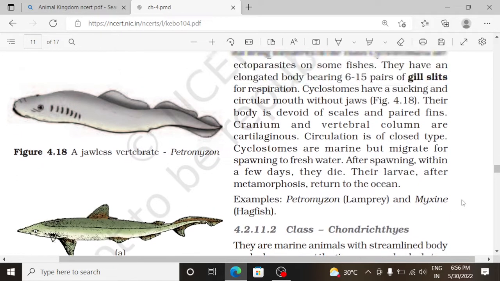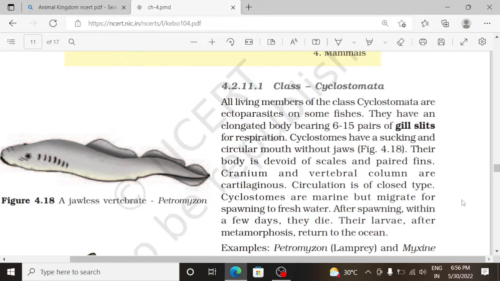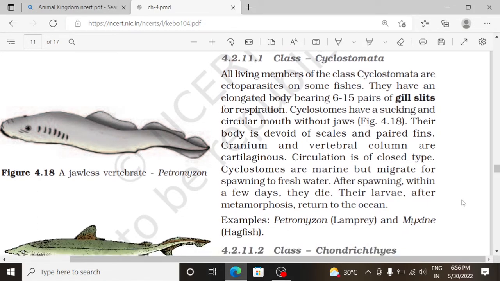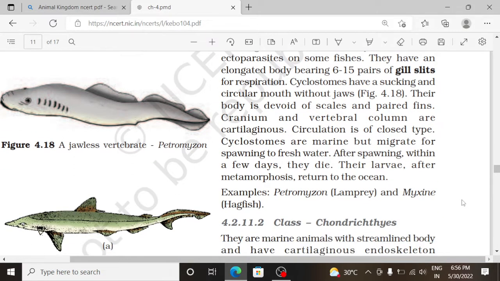Class Cyclostomata. All living members of the class Cyclostomata are ectoparasites on some fishes. They have an elongated body bearing 6 to 15 pairs of gill slits for respiration. Cyclostomes have a sucking and circular mouth without jaws. Their body is devoid of scales and paired fins.